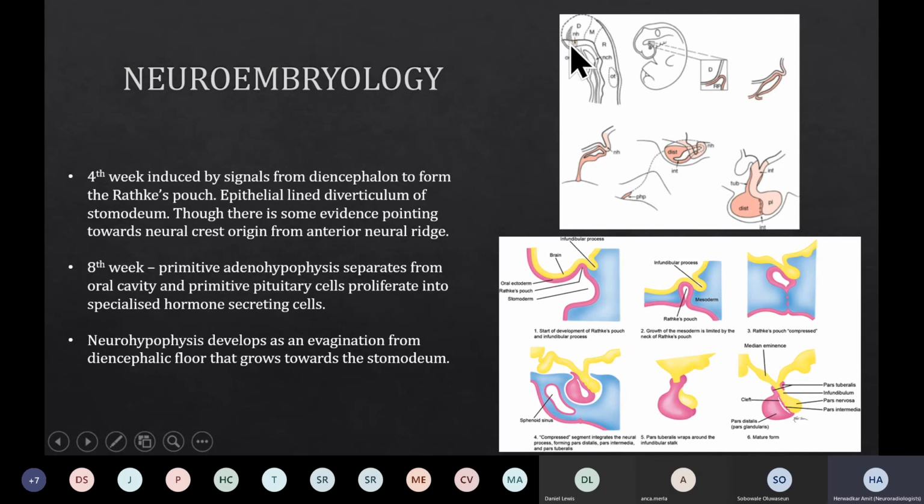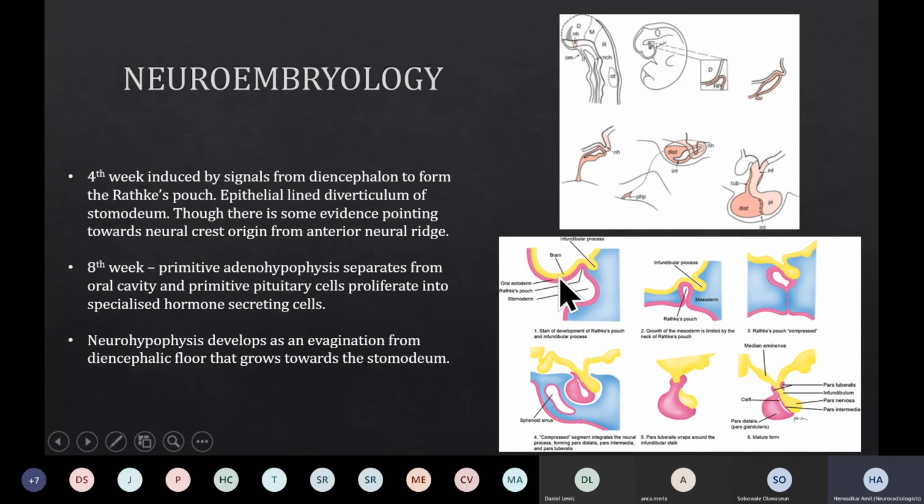And this is where the ectoderm, just concentrate on this image over here, the ectoderm of the mouth is in contact with the neural ectoderm, which comes from the diencephalon. If you concentrate on this picture, you can see the pink outlined ectoderm of the oral cavity in contact with the neuroectoderm of the diencephalon.